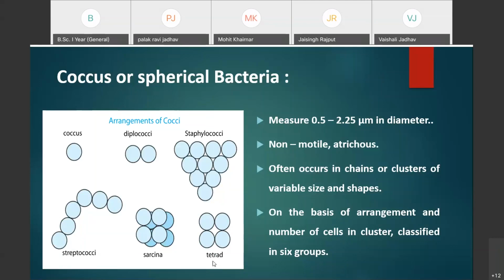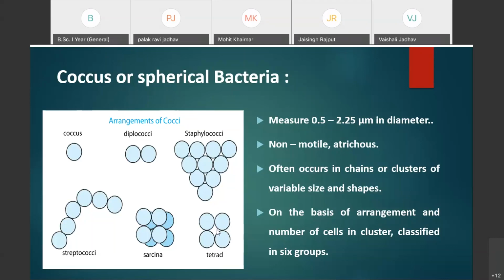Here simply the tetrad is written, but generally it is referred to as the tetracocci. Tetra means four. The example of the tetracocci is Pediococcus cerevisiae.